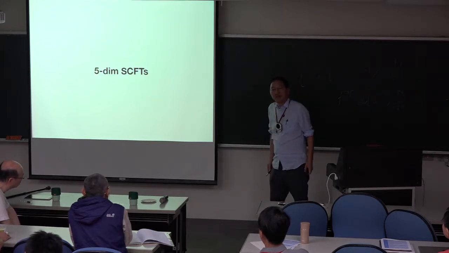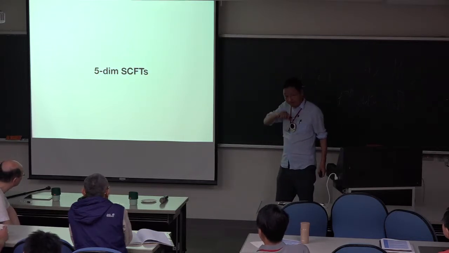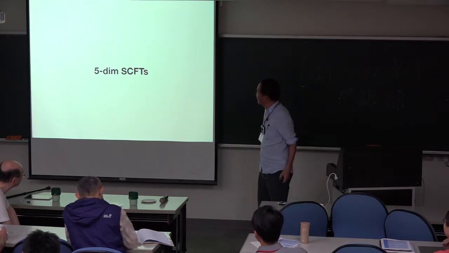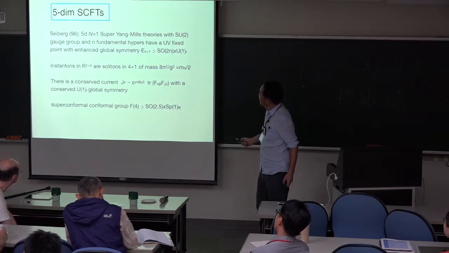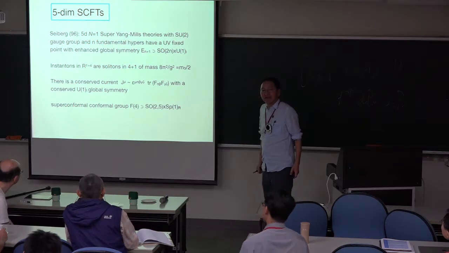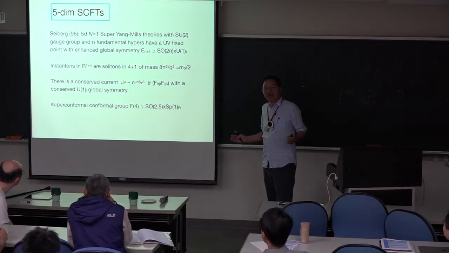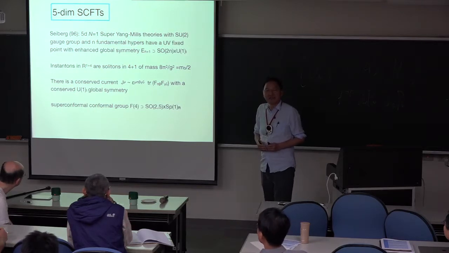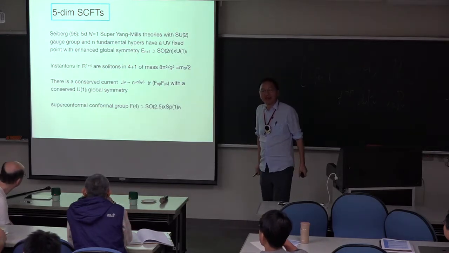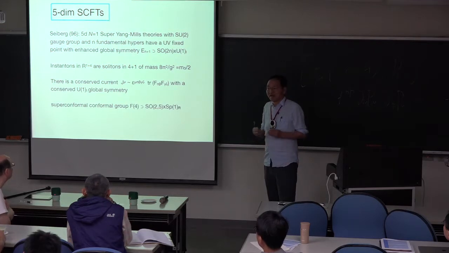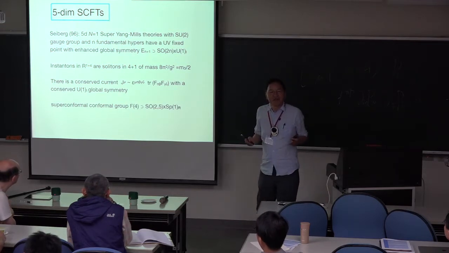So 5D superconformal field theory cases were discovered more than 20 years ago by Seiberg. If you look at 5D Yang-Mills theories, or higher-dimensional Yang-Mills theories, usually they are non-renormalizable, so they look incomplete.